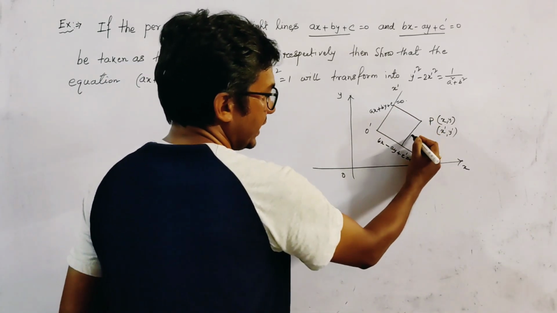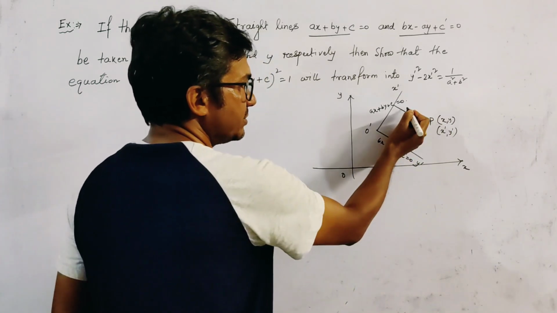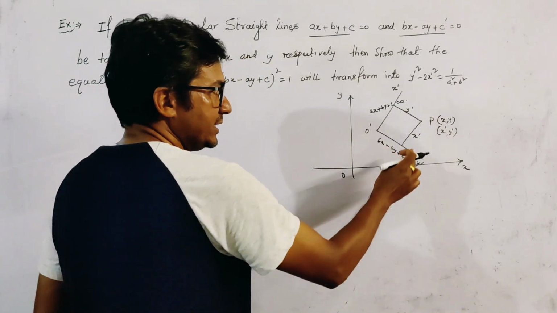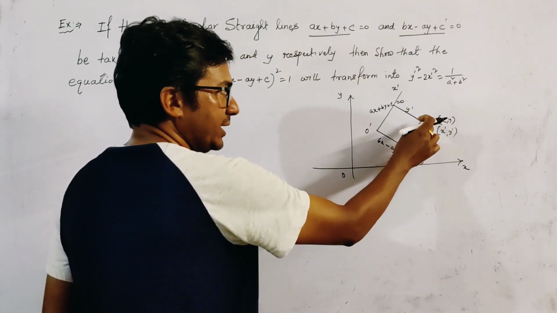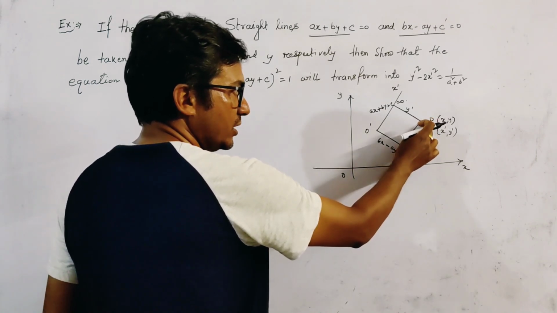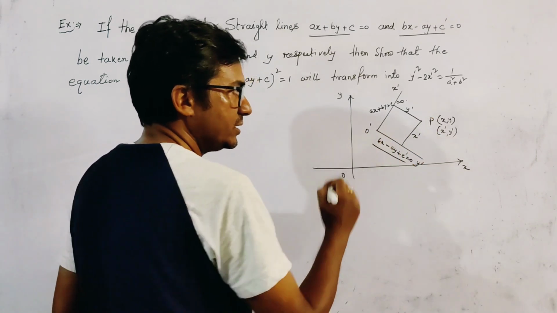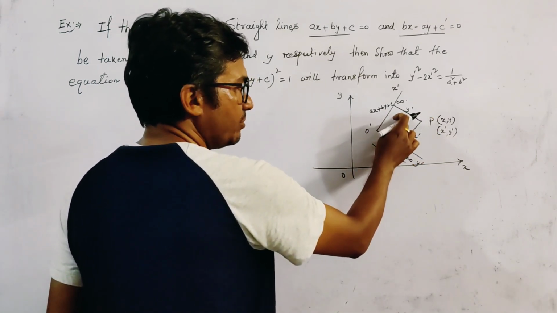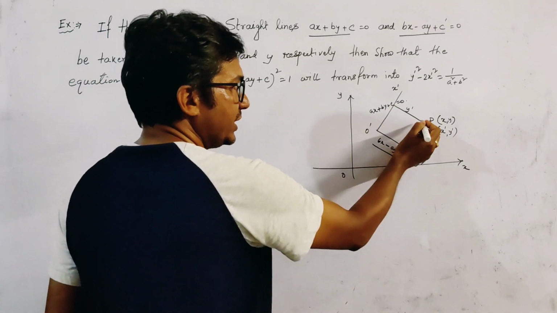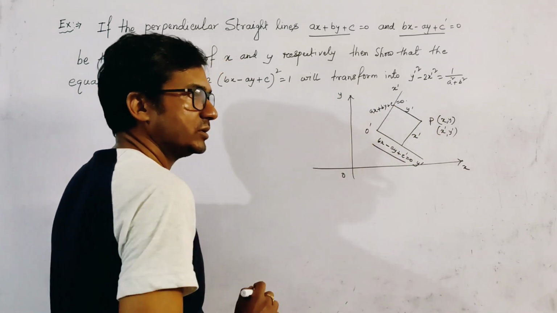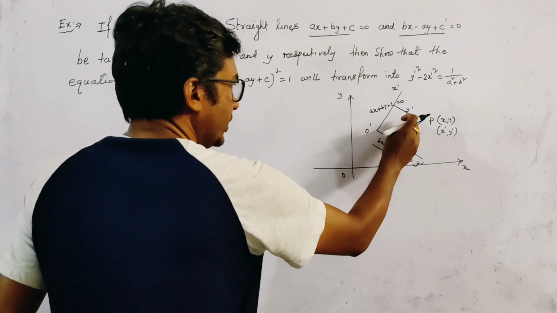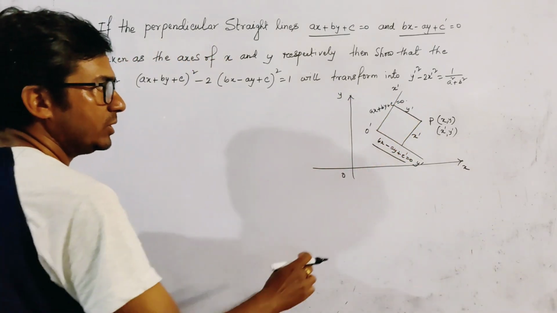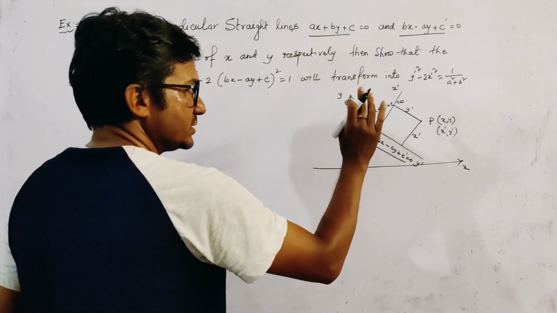This is given by x dash and this is given by y dash. That is, x dash is given by the perpendicular distance of P from this line, and y dash is given by the perpendicular distance of P from this line. Now we find out the perpendicular distances x dash and y dash.